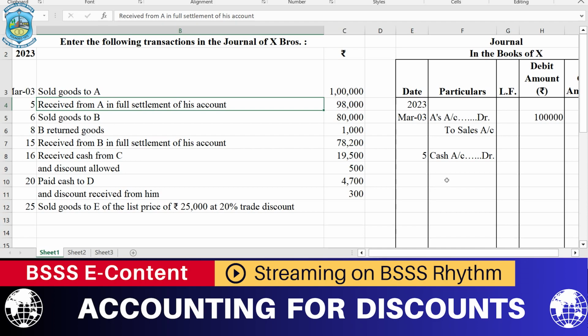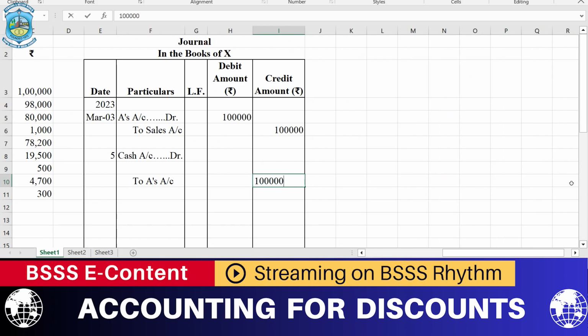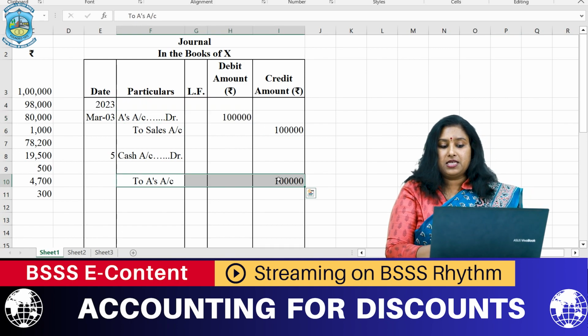Thus, we need to write to A's account with 1 lakh rupees. What we have done over here is we have closed A's account. A's account in the previous entry was debited, and in the very next entry it has been credited, that is the account has been closed.